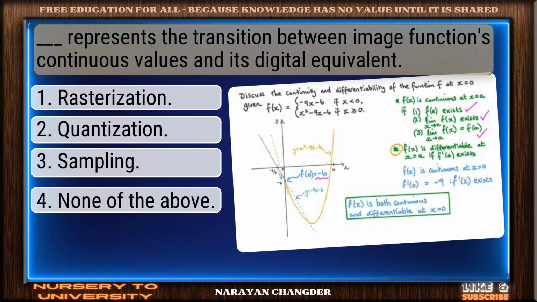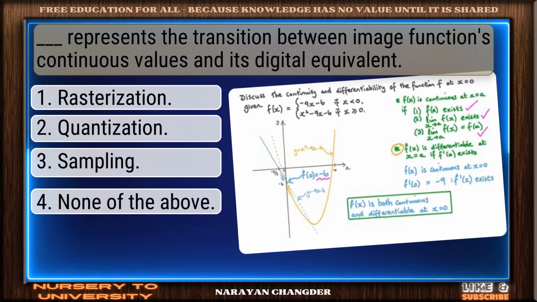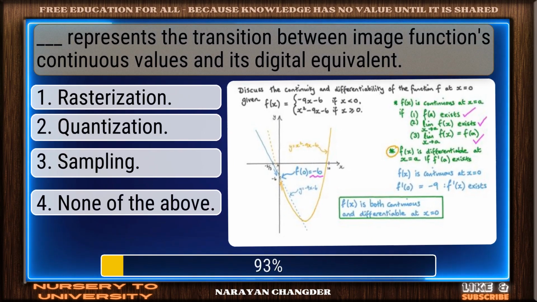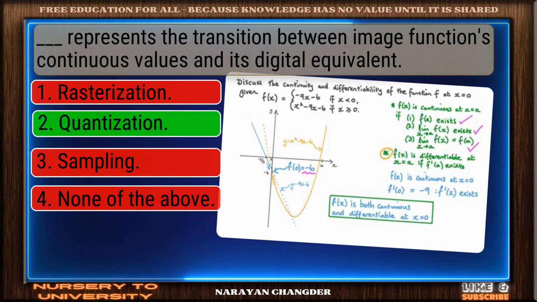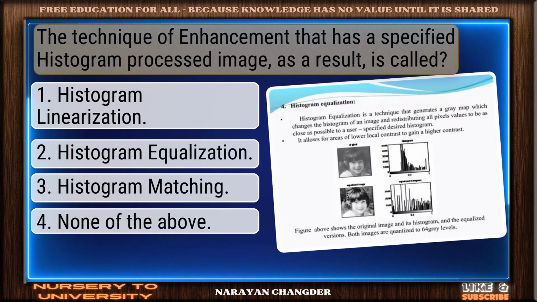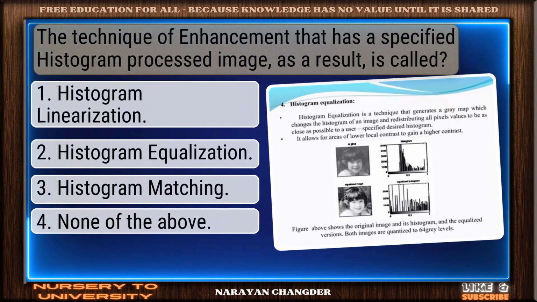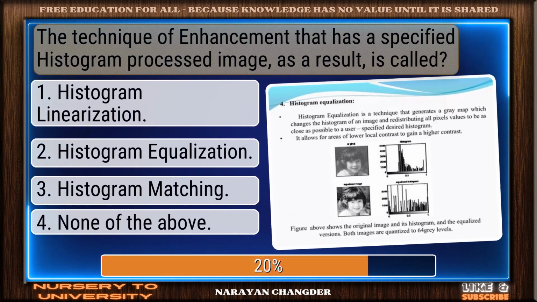Question number 5. Dash represents the transition between image functions' continuous values and its digital equivalent. You chose quantization, and it is correct. Question number 6. The technique of enhancement that has a specified histogram processed image as a result is called?